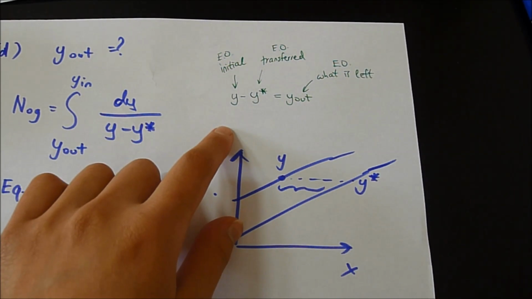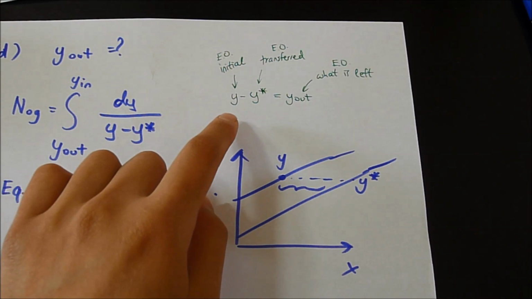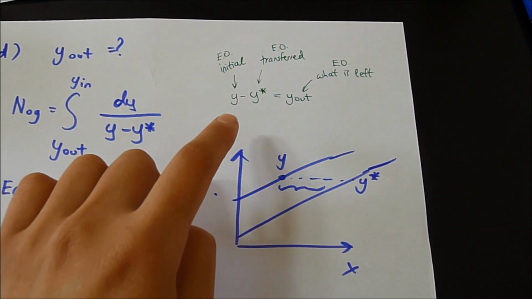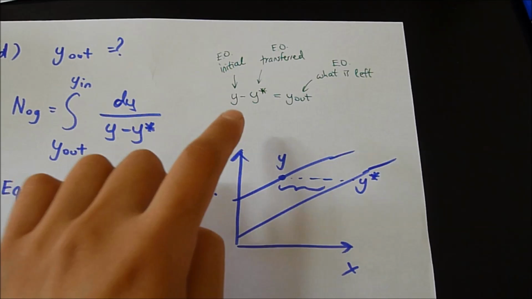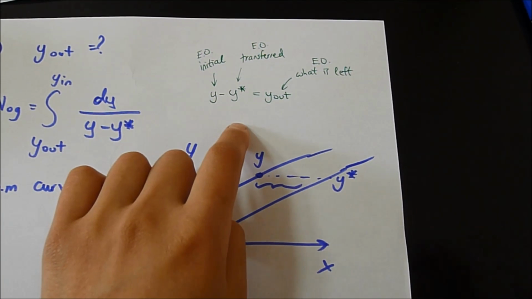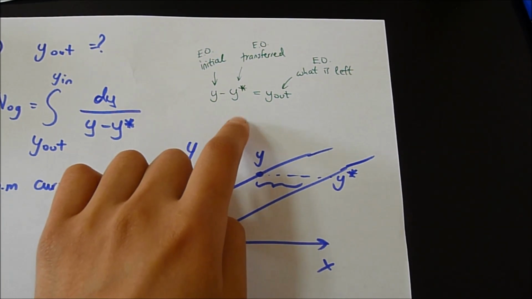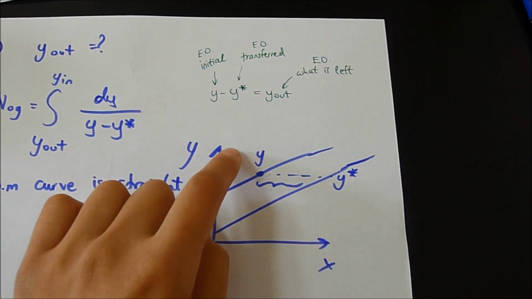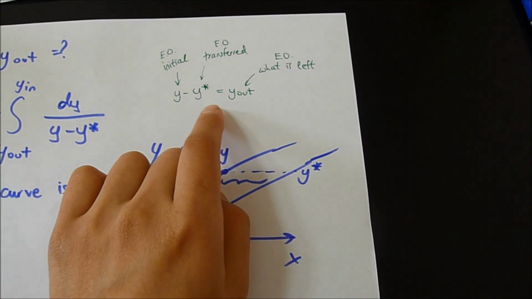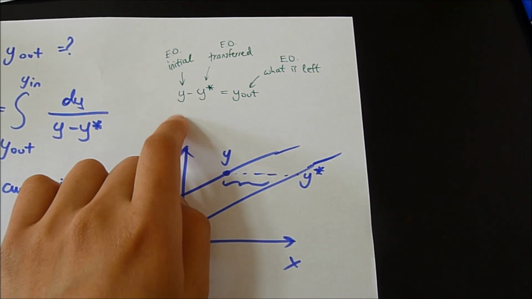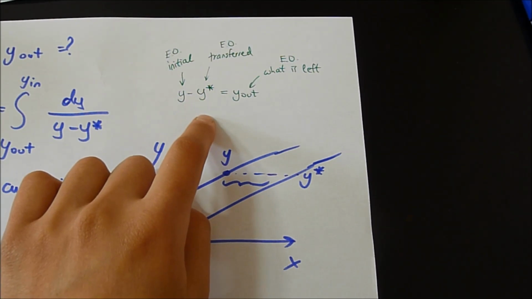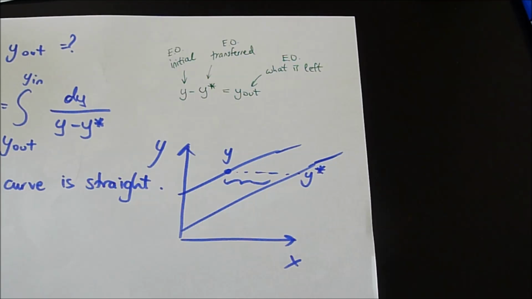Basically, y is the initial ethylene oxide that we want to transfer into the liquid. And y star is the amount that ethylene oxide was transferred. So the difference between y and y star is y out, which is the ethylene oxide left in the gas.